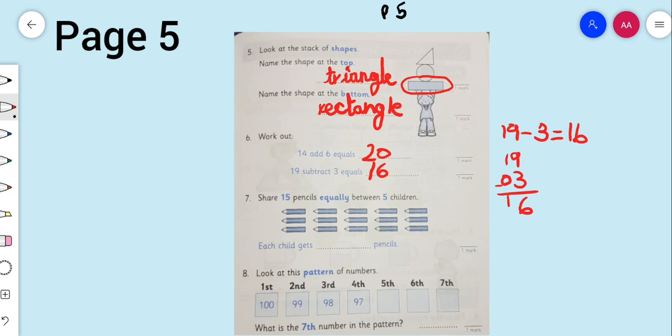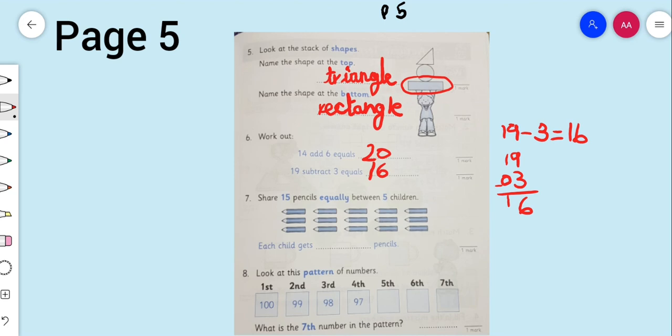Okay, now let's go to question number 7. It says, share 15 pencils equally between 5 children. So there's a picture here to help you with this. So let's see how many groups we can get, to see how many pencils there will be in one group if we have 5 groups.